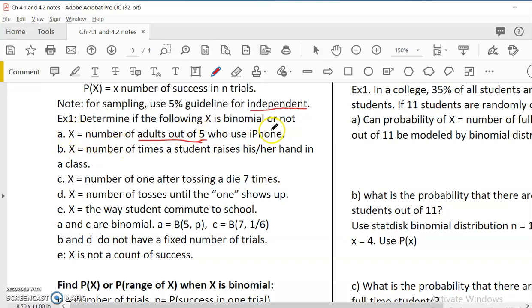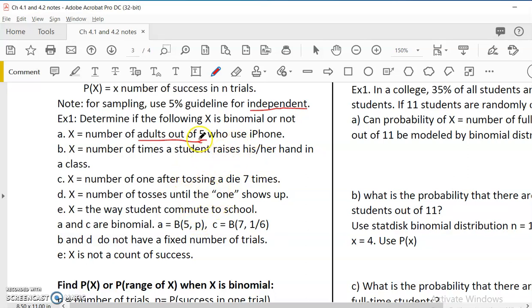Okay, so can this be modeled by the binomial distribution? We say yes. It can be modeled by the binomial distribution with the parameters n equal to 5 and p, the probability that an adult uses iPhone.